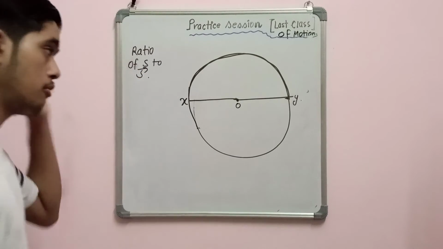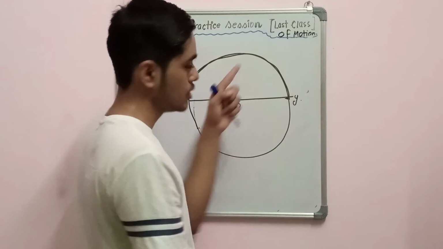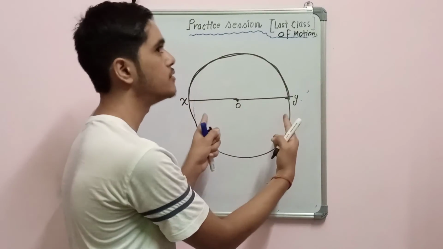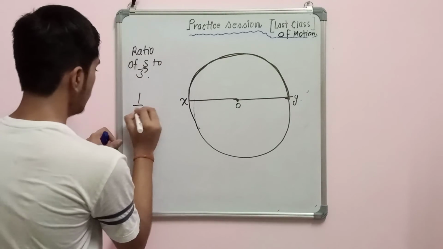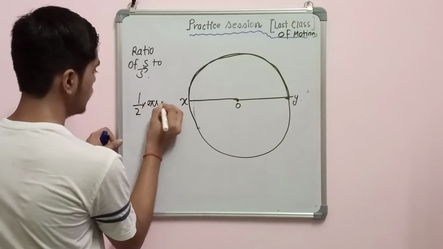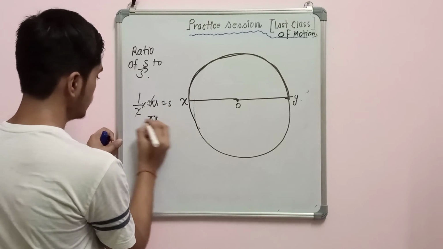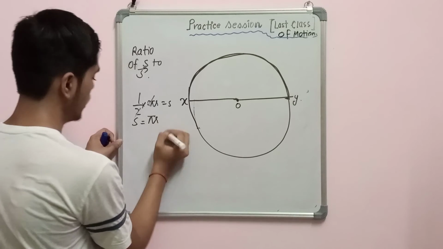How will we find it? So distance is 2 pi r in a circular path, but it is said in the question that it covers half the circumference. So 1 by 2 into 2 pi r will be the distance. The 2 and 2 get cancelled, so distance is equal to pi r.